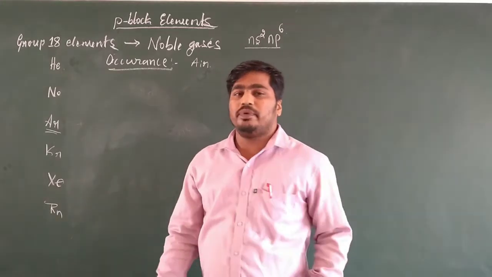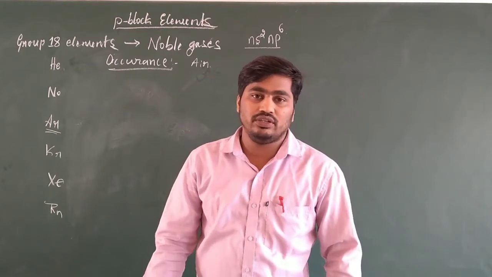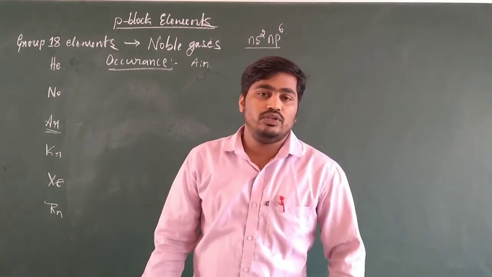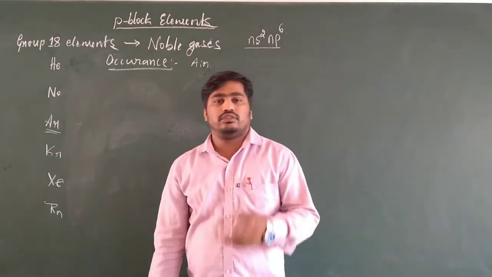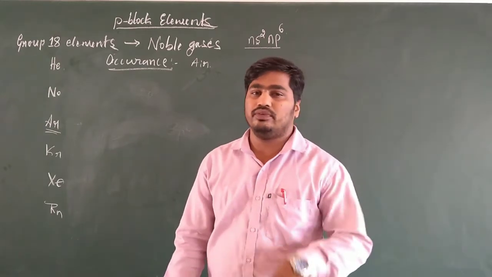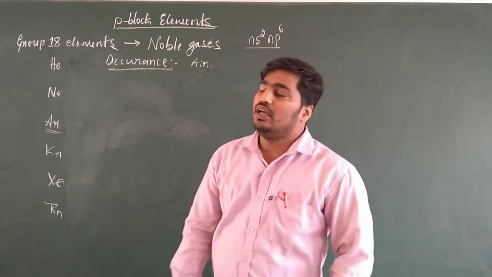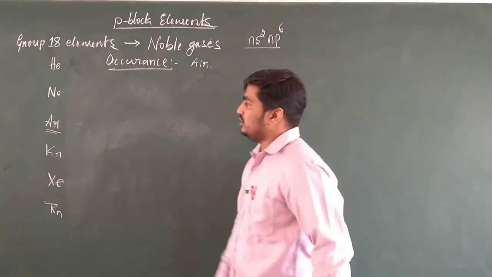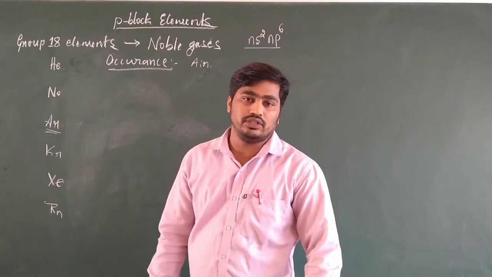How to separate or extract or obtain a particular noble gas from air? By using the Ramsay-Rayleigh method. There are several methods, two or more important methods, but the very familiar method is the Ramsay-Rayleigh method. From that, we separate the noble gases individually by changing the temperature.